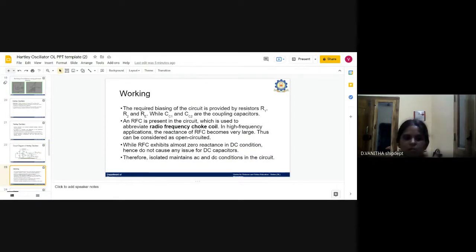Then we move on to the working of the Hartley oscillator. Here the biasing of the circuit is provided by resistances R1, R2 and RE. Here CC1 and CC2 are called coupling capacitors, and a radio frequency choke is present in the circuit.